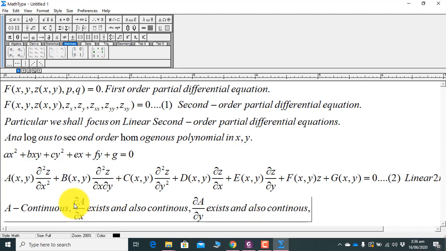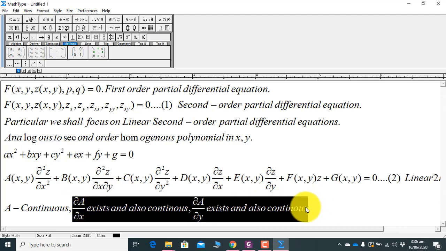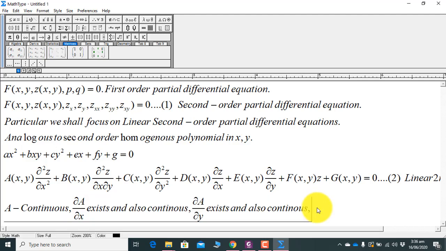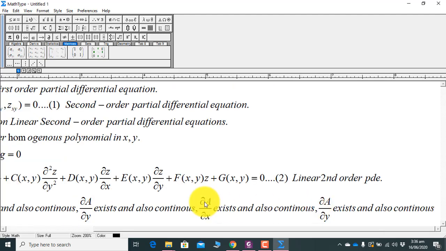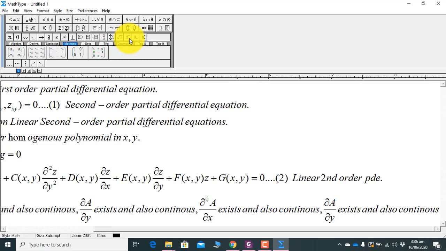But not only for first order derivatives, you have to do that for second order derivatives as well. So generally for A we have partial square A over partial x square also existing, and it must be continuous.